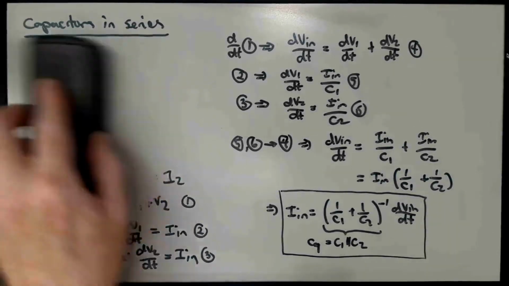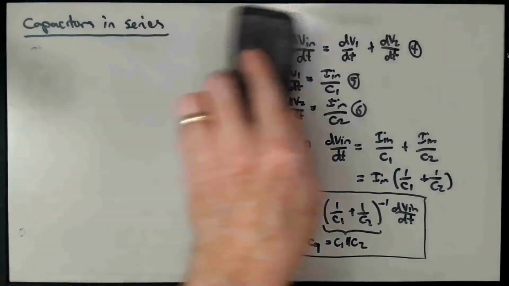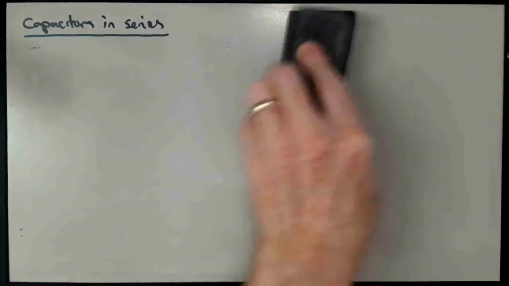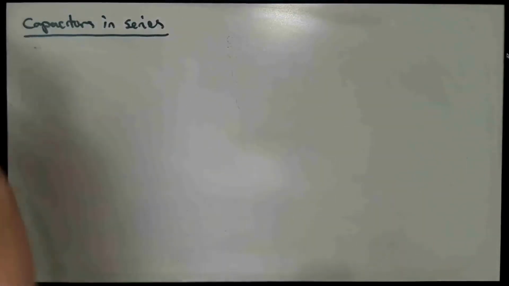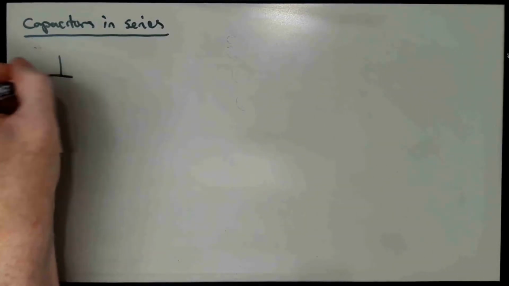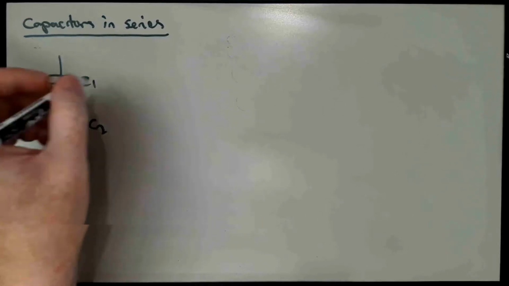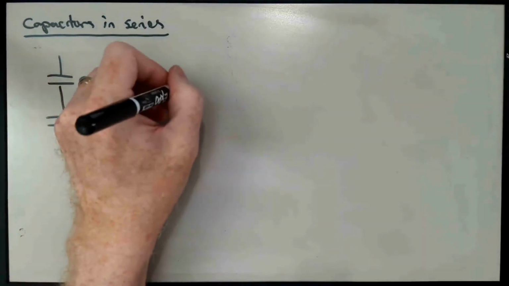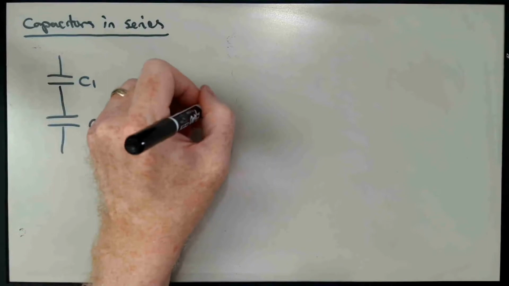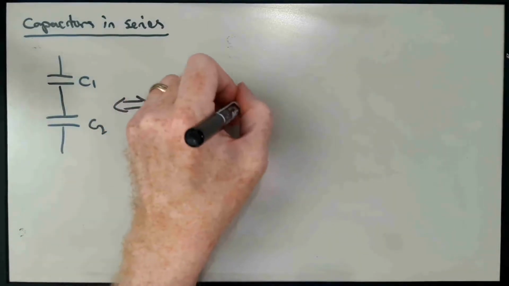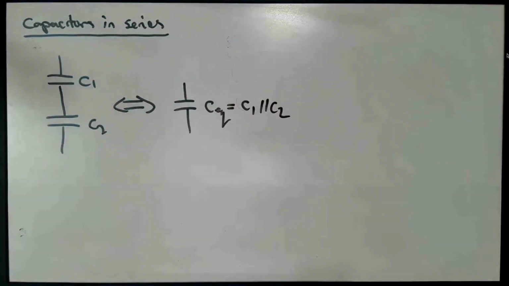Okay, so just making that picture, what we've shown here is that two capacitors in series, C1 and C2, is equivalent to a single capacitor, CEQ, whose value is given by C1 parallel C2.